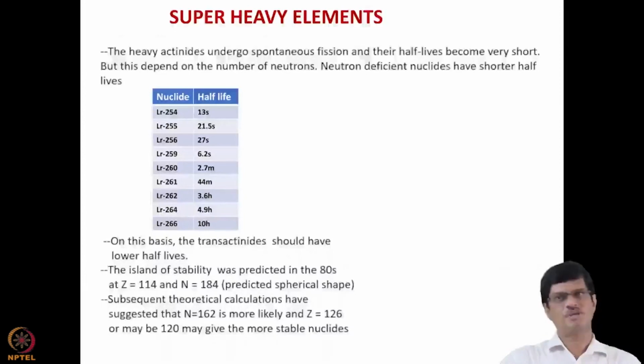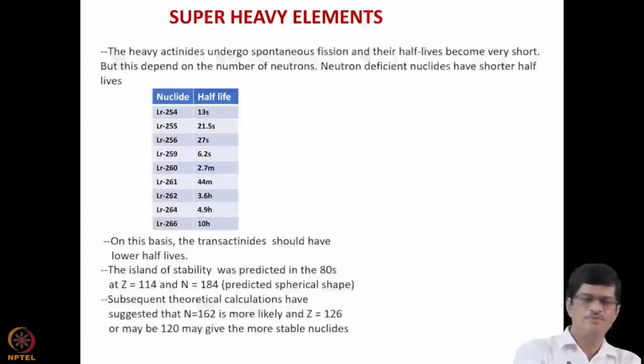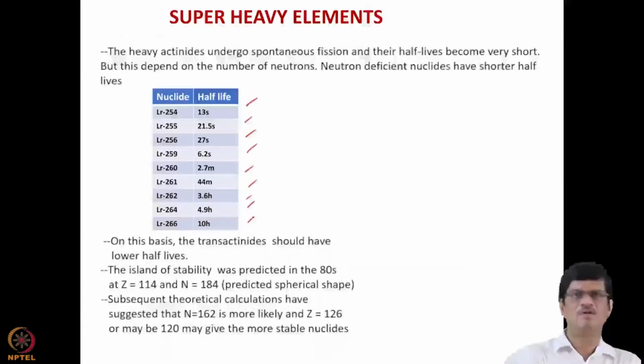I have given this table here where 254 lawrencium has a 13-second half-life, and like that it goes on: 255 lawrencium, 21.5 seconds half-life; 256 lawrencium with a 27-second half-life; 259 lawrencium with 6.2 seconds; 260 lawrencium with 2.7 minutes; 261 lawrencium with 44 minutes; 262 lawrencium, 3.6 hours; 264 lawrencium, 4.9 hours; and 266 lawrencium with 10 hours half-life.